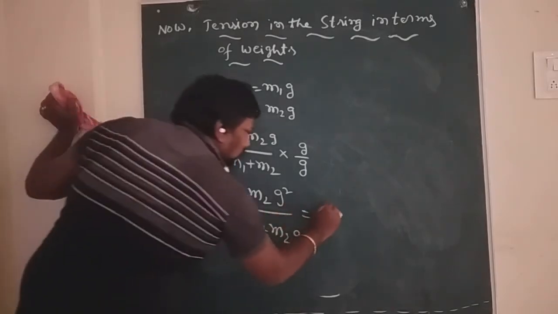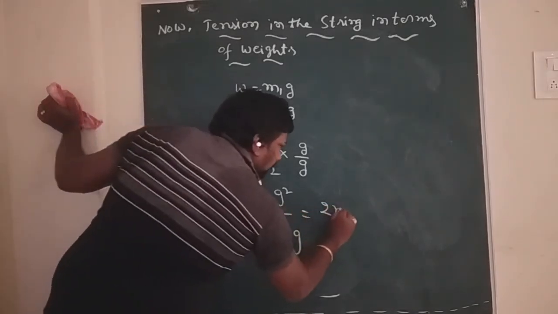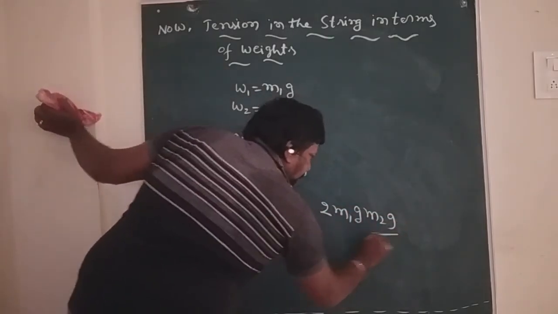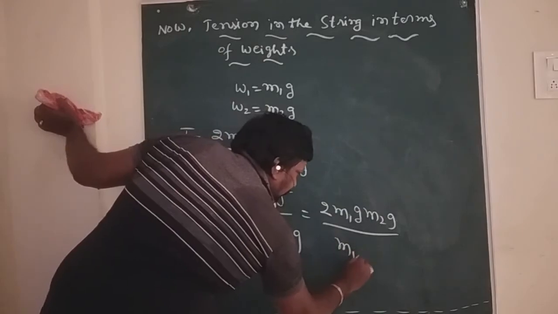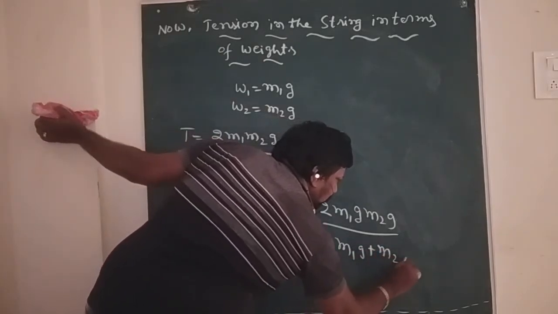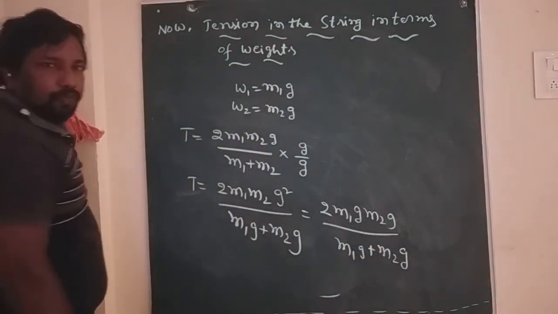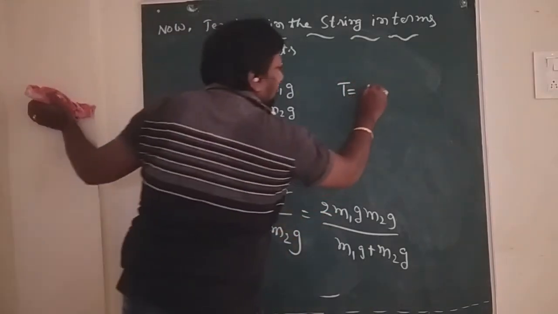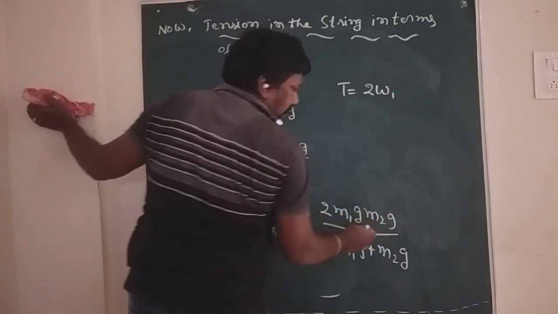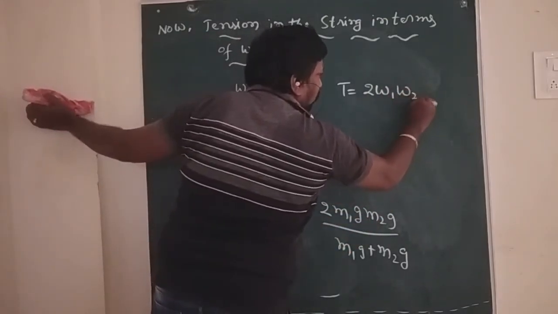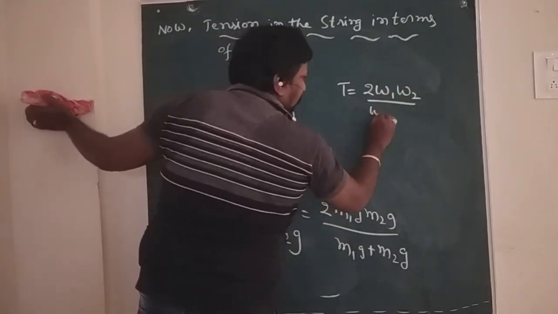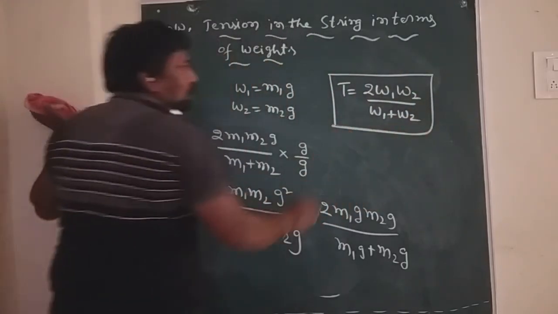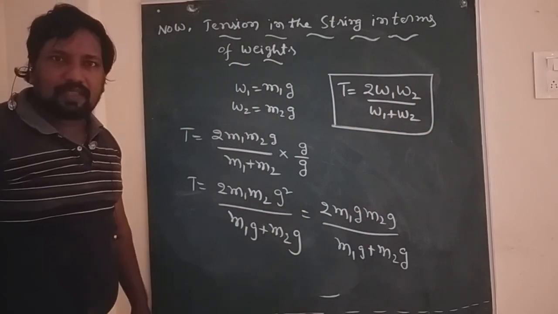So here 2 into M1G into M2G by M1G plus M2G. So therefore tensional force T equal to 2W1 into W2 by W1 plus W2, where M1G means W1 and M2G means W2. So this is the tension in the string in terms of weights. Thank you.